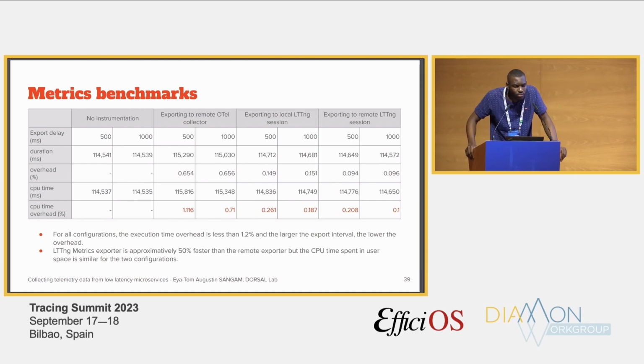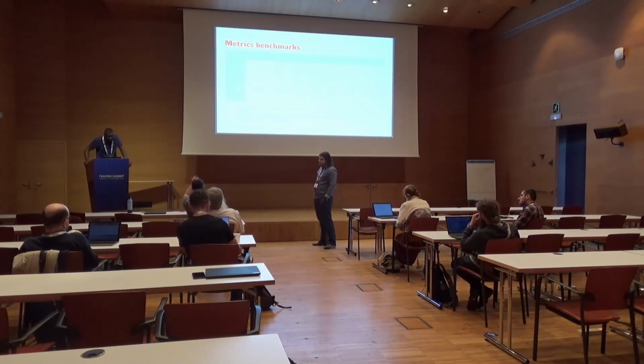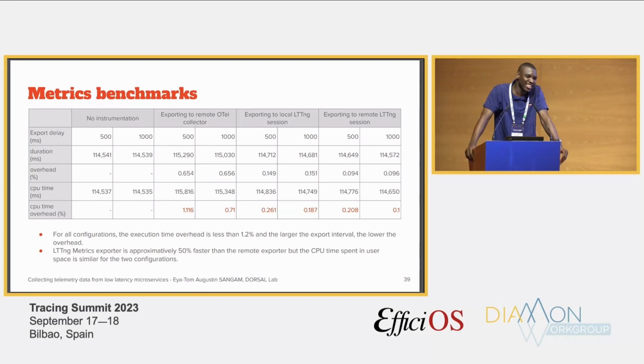Because, for instance, when you use LTTng UST, you can selectively enable the trace points, and there's a macro, tracepoint_enabled, which you can use to put in your preparatory steps that populate information that would be passed to the trace point. So when a trace point is not enabled, you skip the preparation of whatever you would be sending to the trace point. Okay, so I suspect you don't use that. I don't know that, no. Because you should. I suspect the no instrumentation number will go way down, because then you can skip all your preparation steps. Okay, I will rerun my benchmark with that. Thank you, Mathieu.